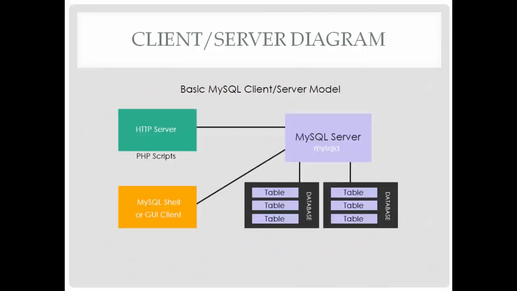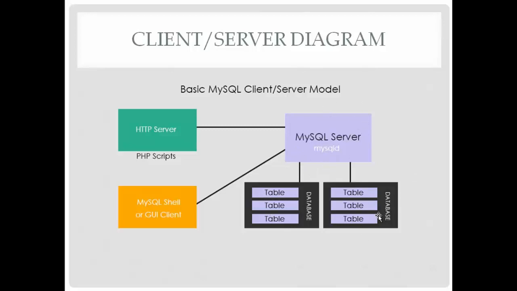And here's a quick diagram that I created just to give you an idea of how the client and servers are set up. So here we have the main MySQL server, which is called MySQL D, and this can have multiple databases we can create on this server.